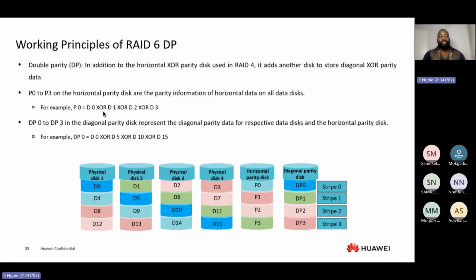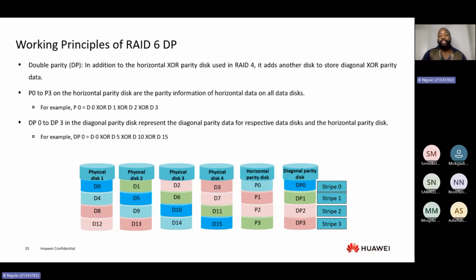The P0 is created by creating the XOR between this first level here. XOR, remember, is when we have 2, we need the first one to be different from the second one to have a positive output.